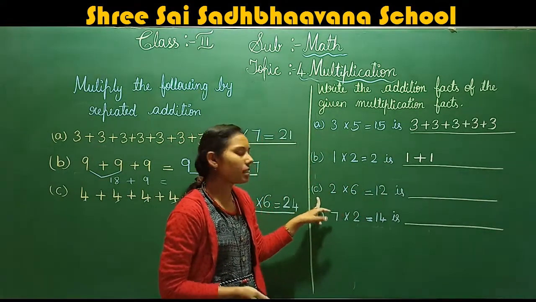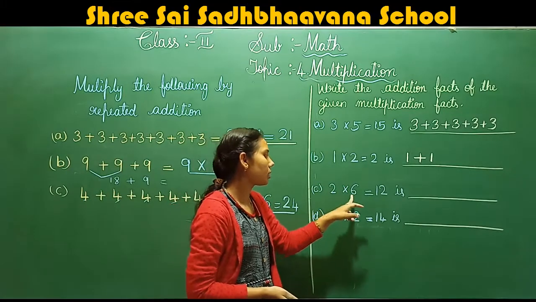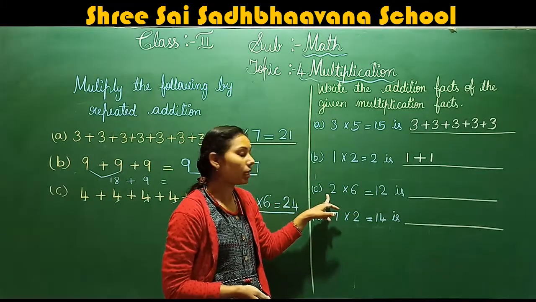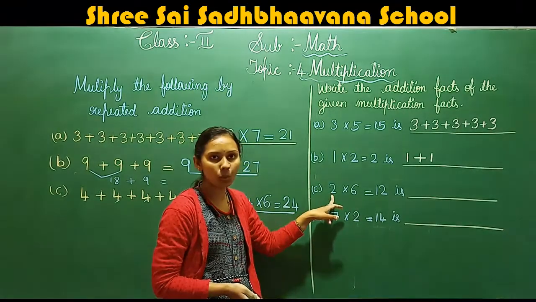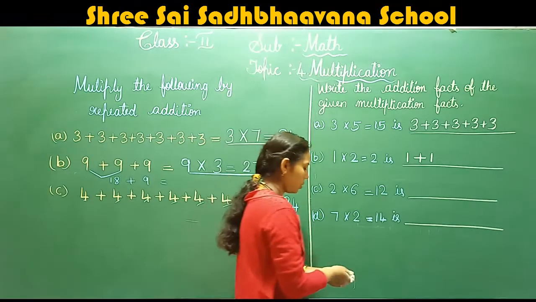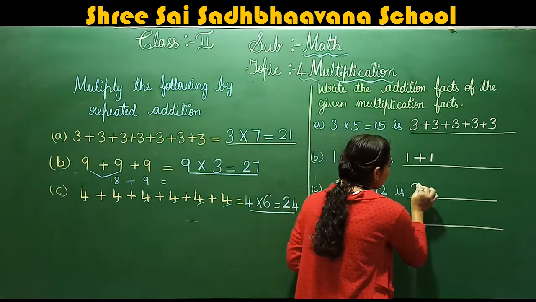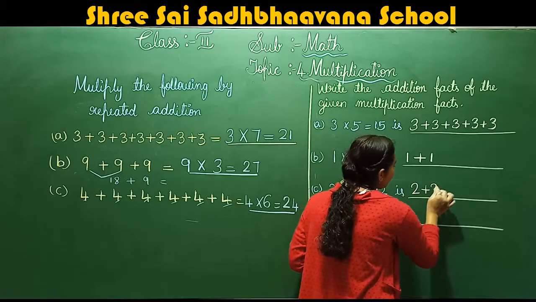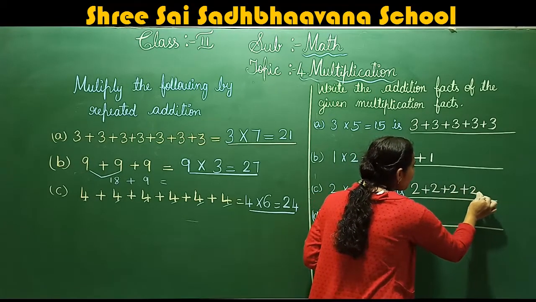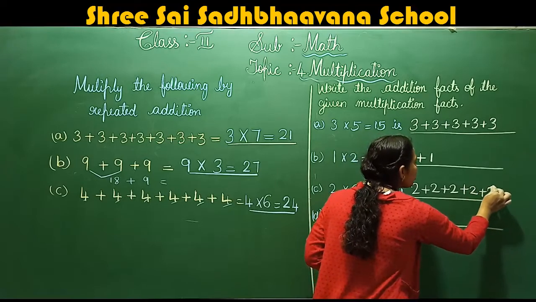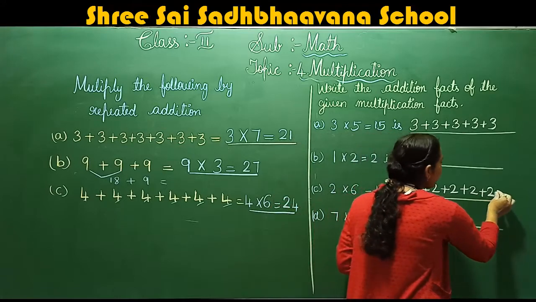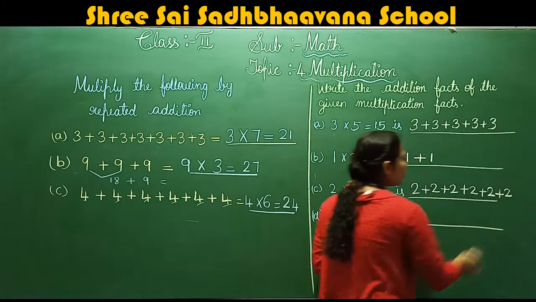Next, see the question. 2 sixes are 12. That means what? The number 2 we should write how many times? 6 times. So here 2 plus 2 plus 2 plus 2 plus 2 plus 2. How many times? 1, 2, 3, 4, 5, 6.